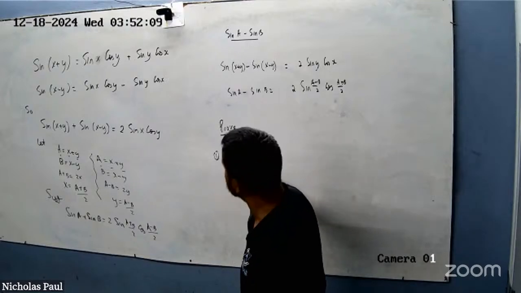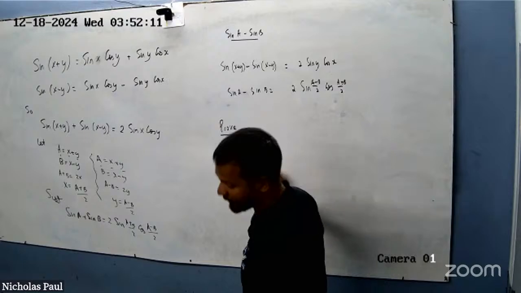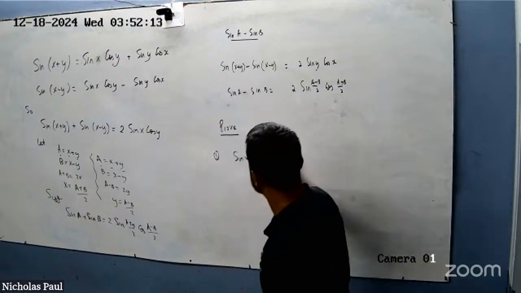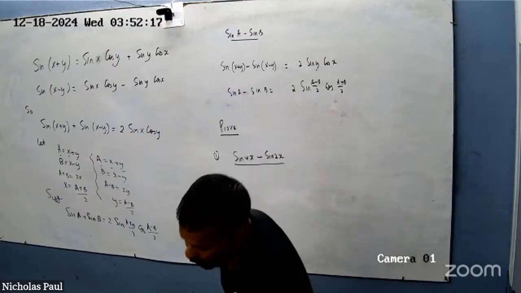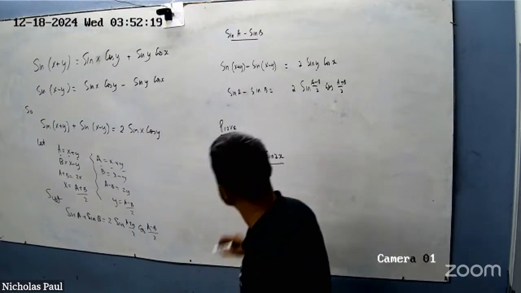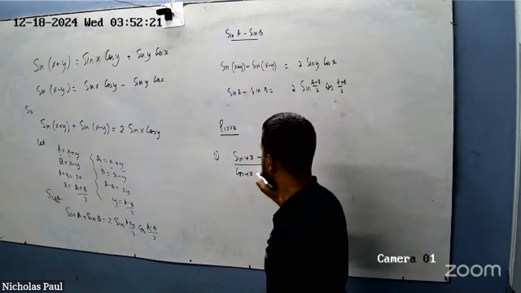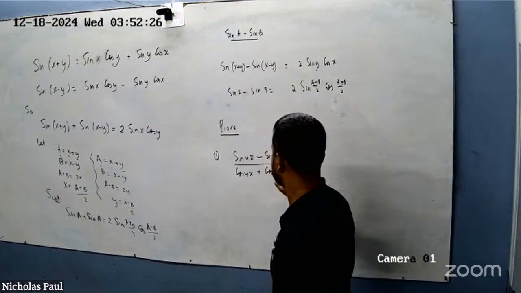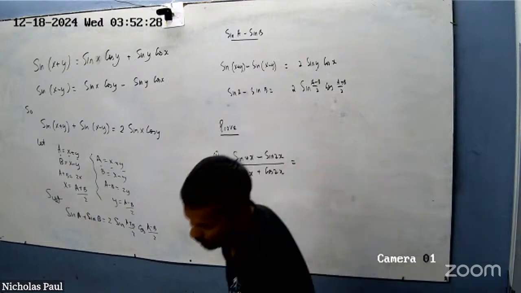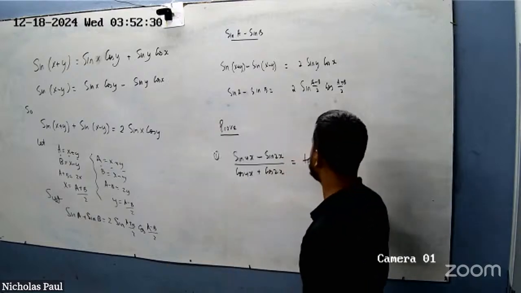Prove that sine 4x over sine 2x. Try this, please.